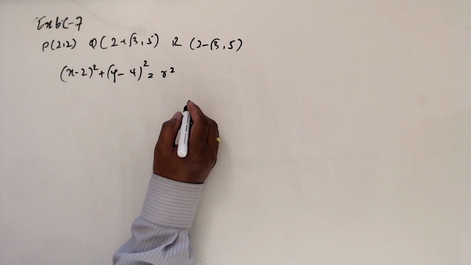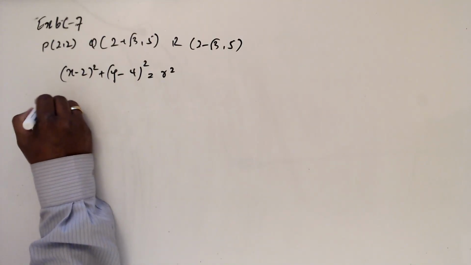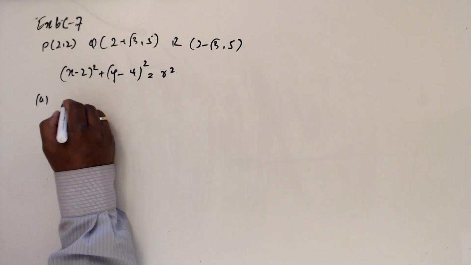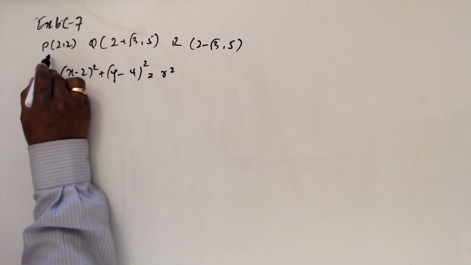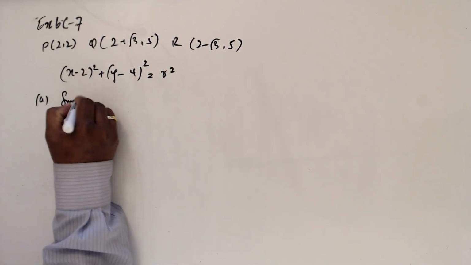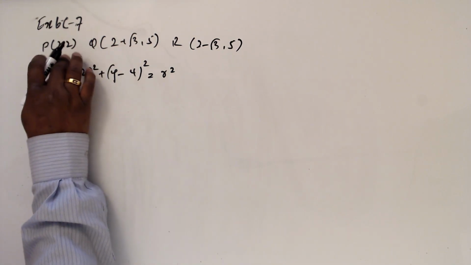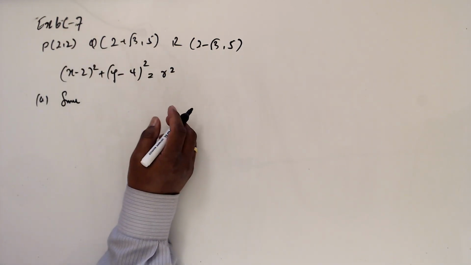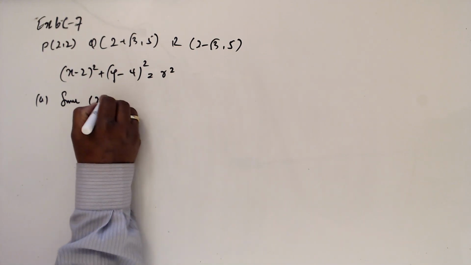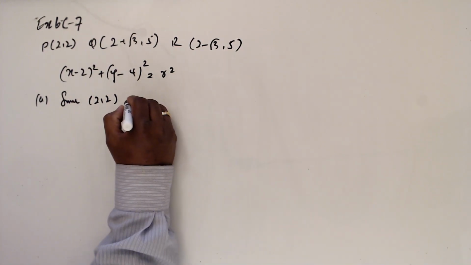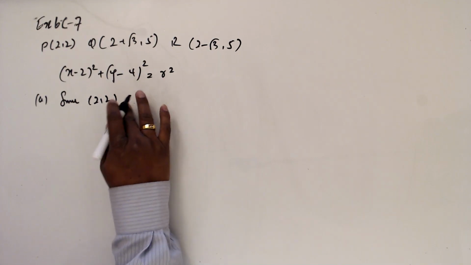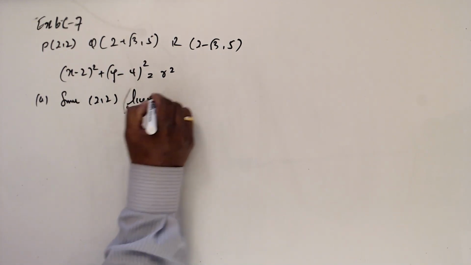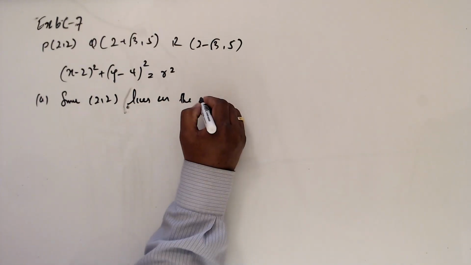Question number 7a, we need to find the r. So same as earlier, we can take this easy point rather than the one with the square roots. The point 2, 2 lies on the circle.